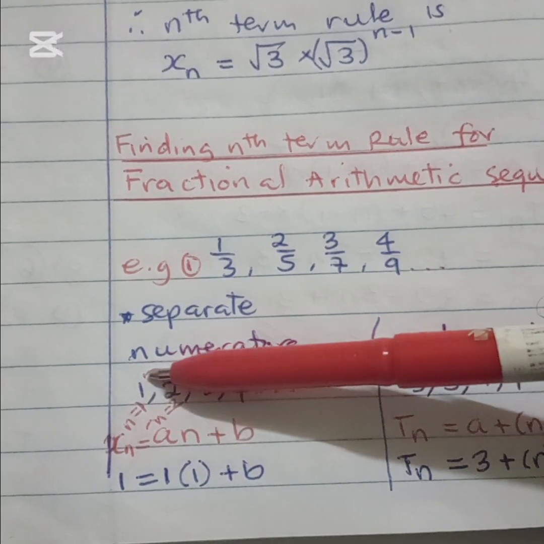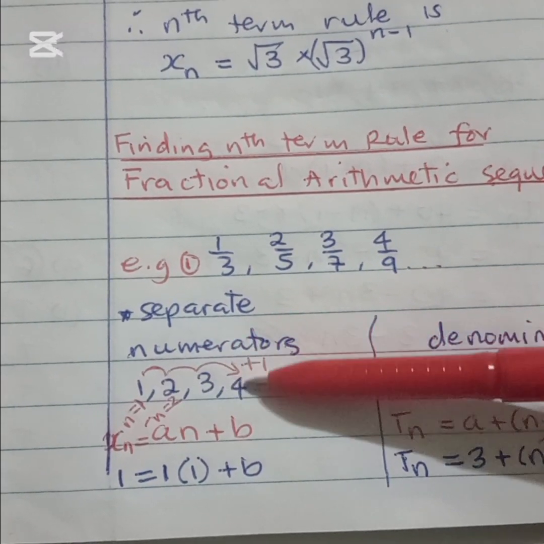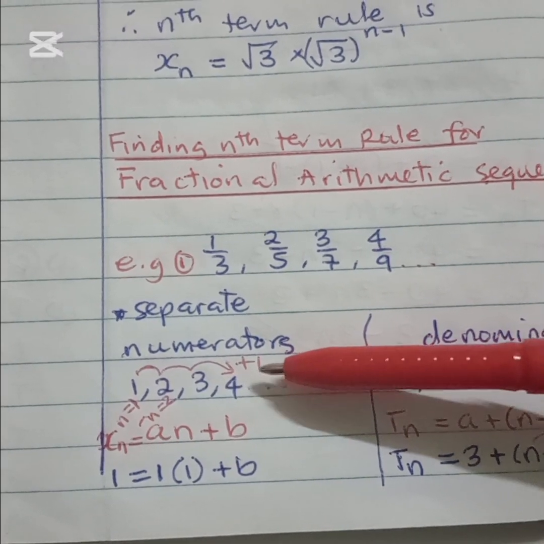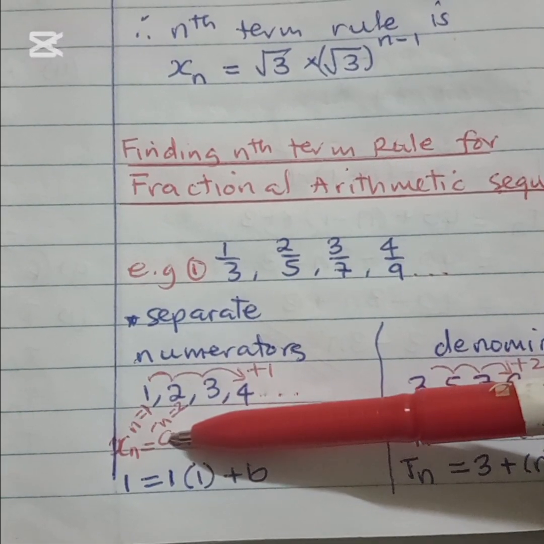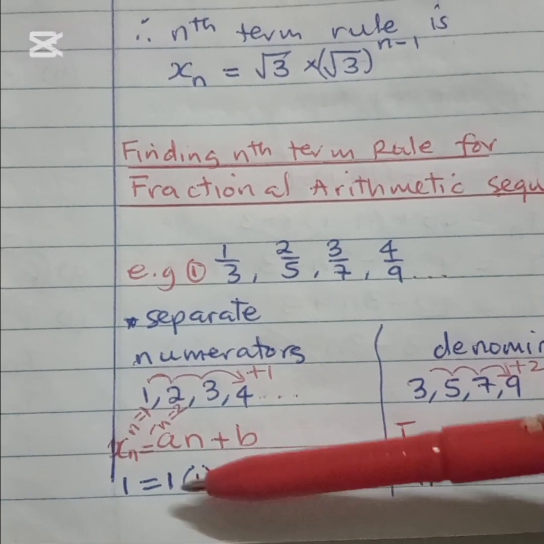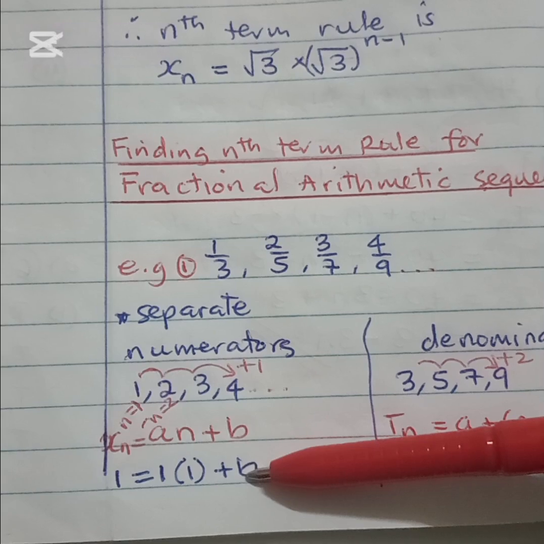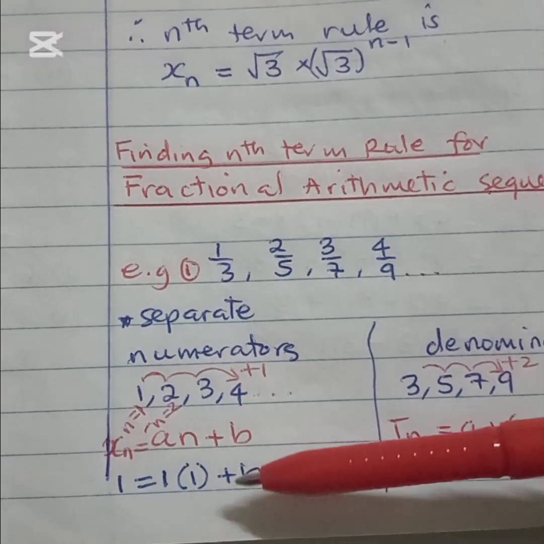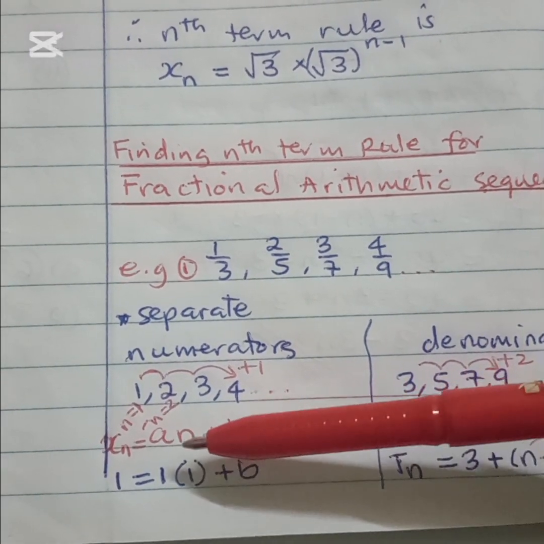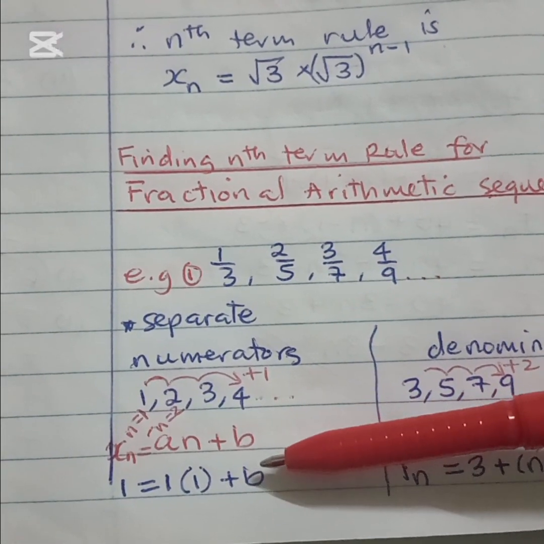Now the common difference, how you get from 1 to 2 and 2 to 3 and 3 to 4, is plus 1, positive 1. So that's the value of a. A is 1. We substitute this in and we find the value of b. Then we plug b back in with a and we'll find our nth term rule.